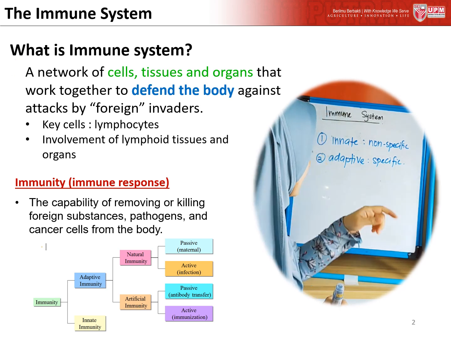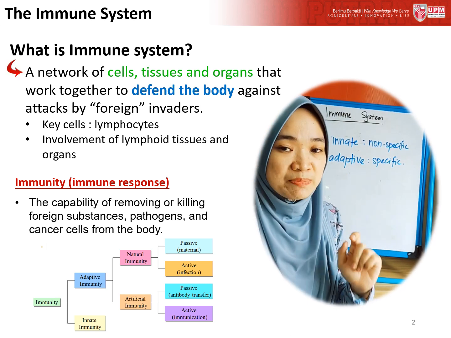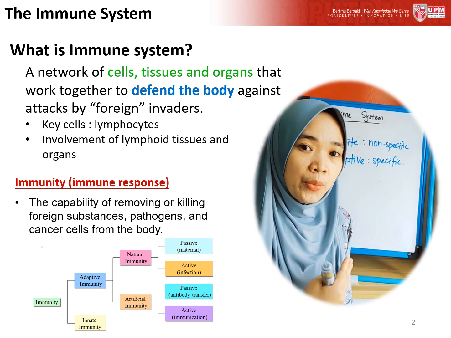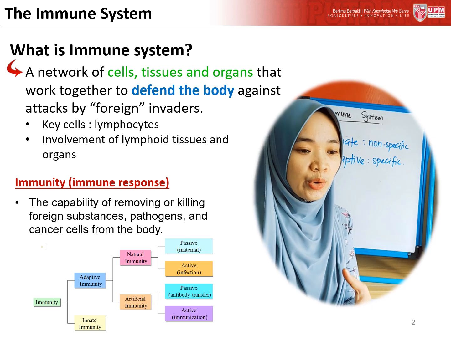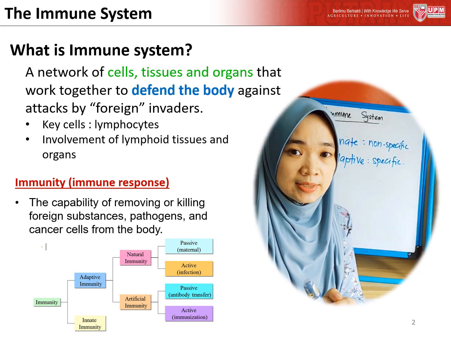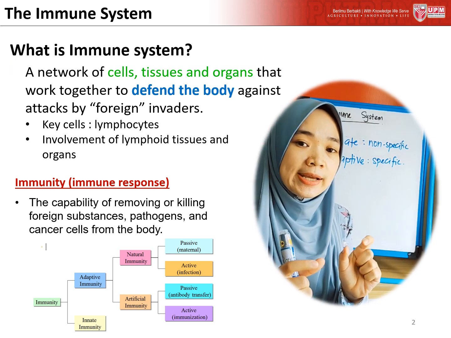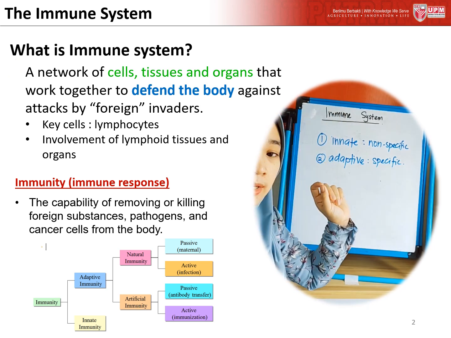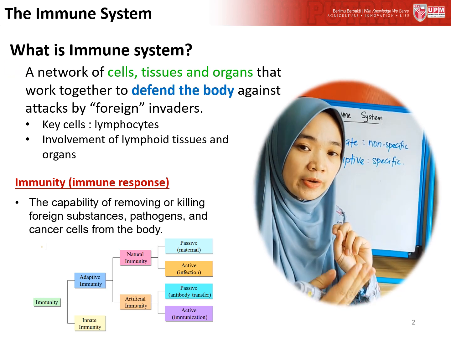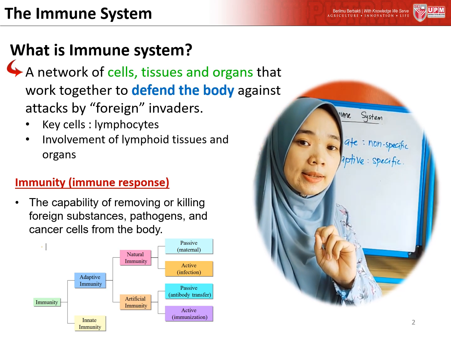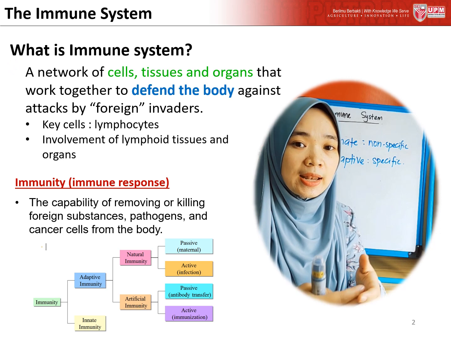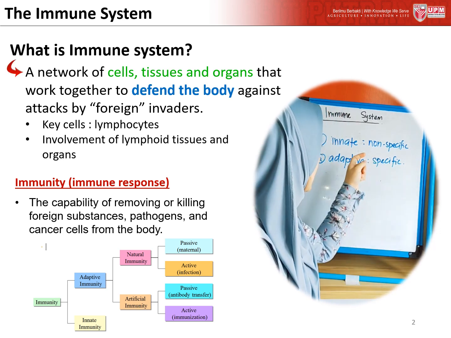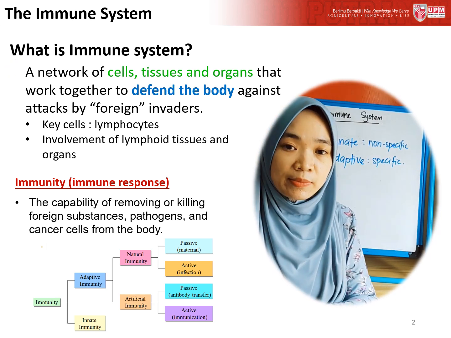The adaptive or specific immune response is activated when it knows the virus, having stored the ID information of the previous bacteria or virus that entered our body. Then it starts to act and eliminate that pathogen. That is the difference between innate and adaptive immunity.